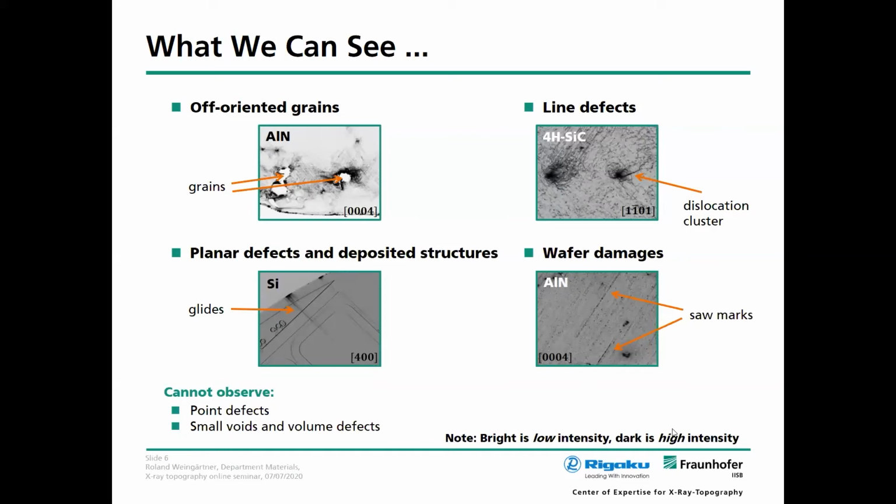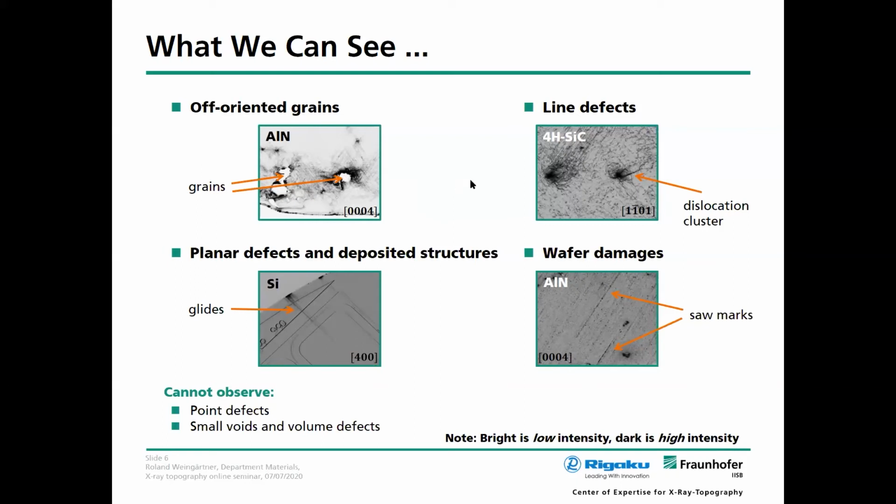It means where you have a dark color, it's a high intensity, and where you have no diffraction, you have no signal, so it's white here, low intensity. It means in this case that we see grains here. So you can easily detect if something is out of the diffraction plane, if you have, for instance, grains.